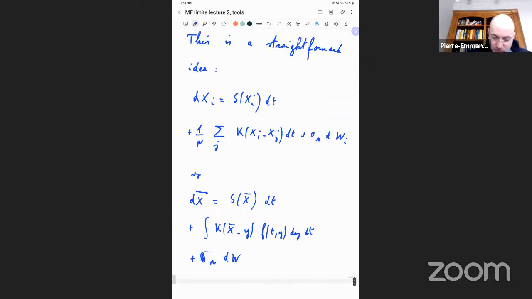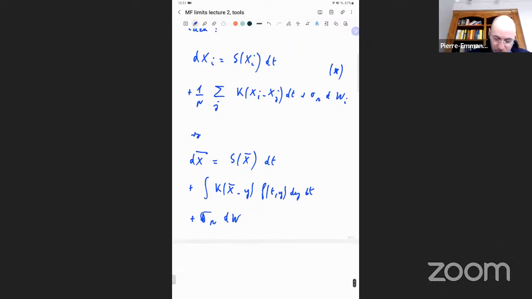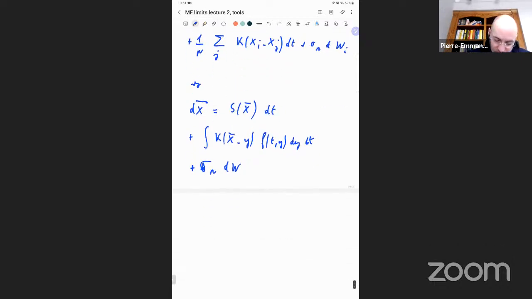Okay. So this is the original system star. This was the McKean-Vlasov process.